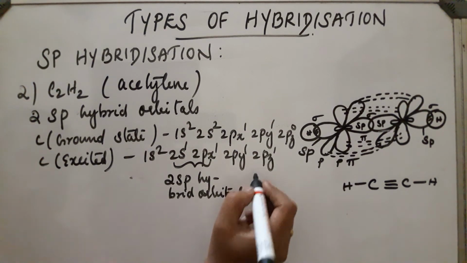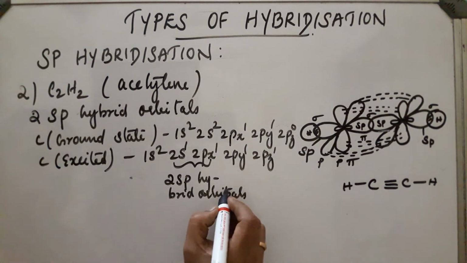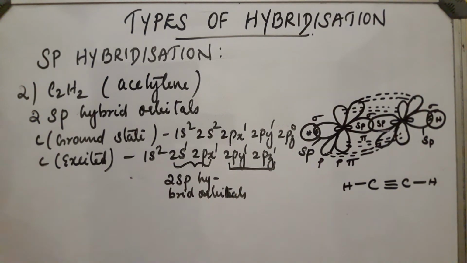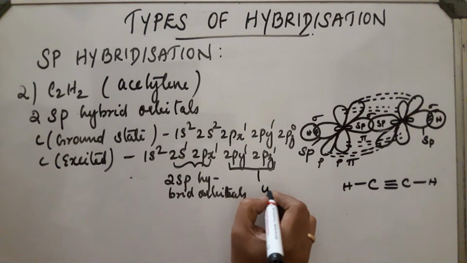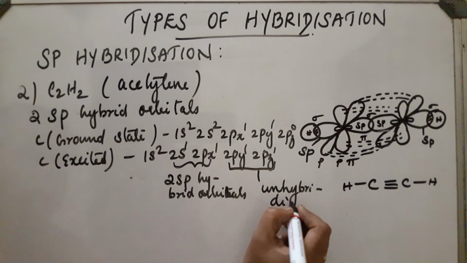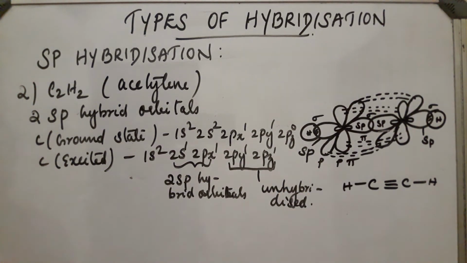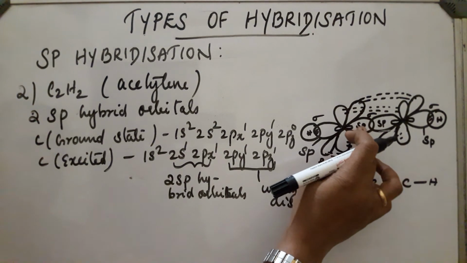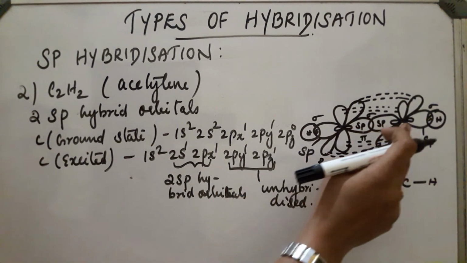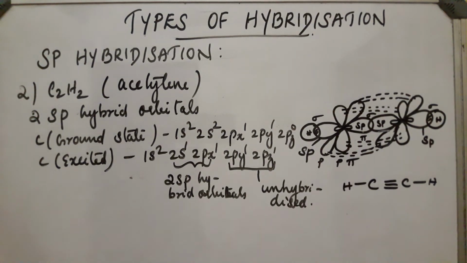These two will not take part in hybridization and remain unhybridized orbitals. Each carbon atom contains two sp hybrid orbitals.